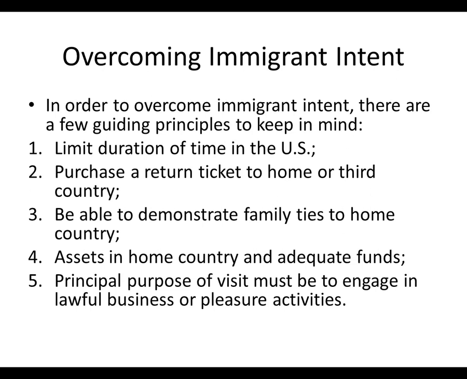If you have significant bank accounts, since money is so fungible, or at least we think of it that way, that's less heavily weighted than property ownership. But assets in the home country are a good way to overcome immigrant intent. And you will need to demonstrate that you have adequate funds to return to your home country in order to be able to overcome immigrant intent as well, which is why we've added that bit to this slide as well.